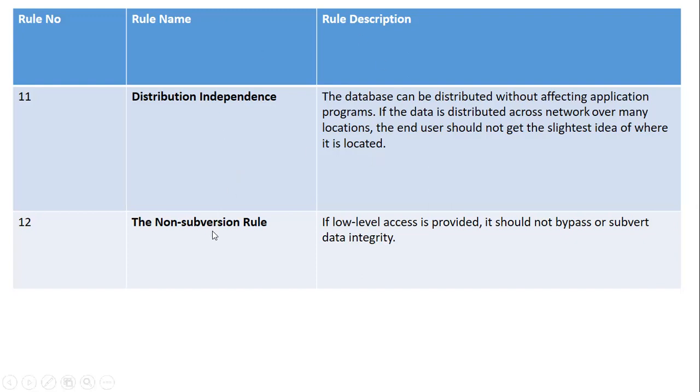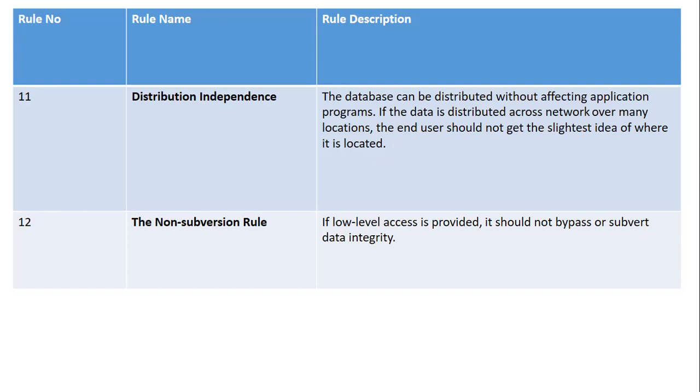Then we have the non-subversion rule. What it means is that sometimes there might be more privileges to access the underlying file system of an RDBMS. In such a case, where the data is accessed at such a level, the integrity being held on that data should not be subverted or changed.